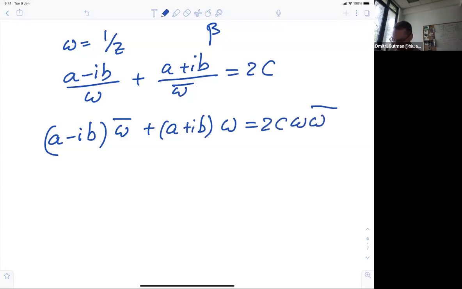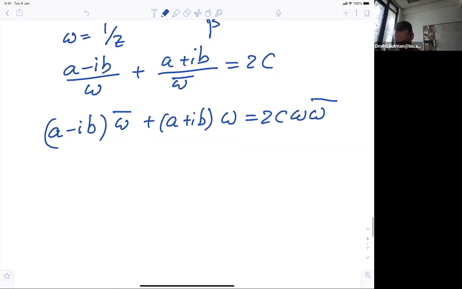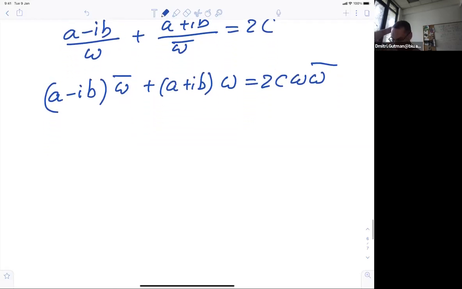And we have seen this equation before. So what is this equation?